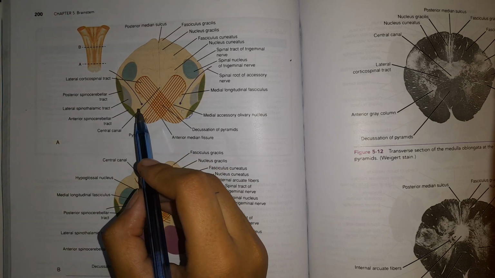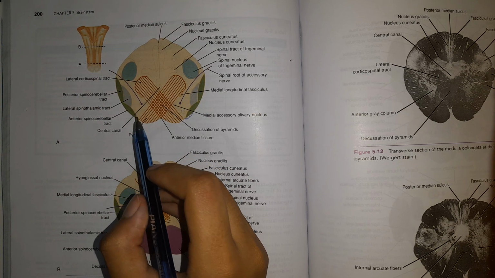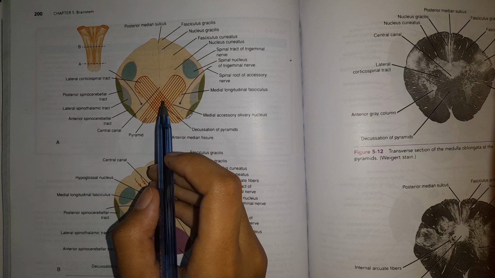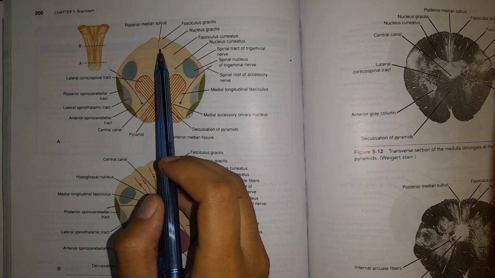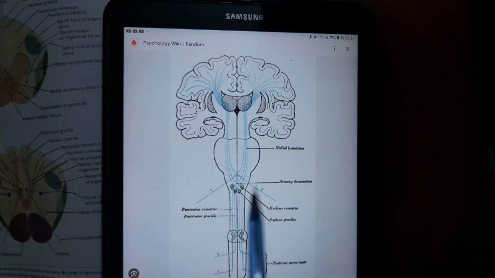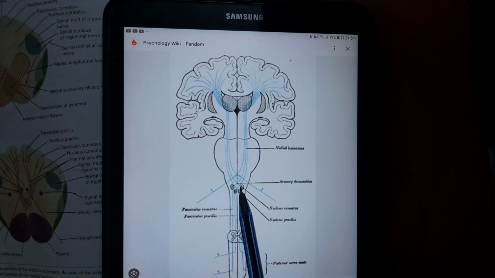Why do we call these gracile tubercles and cuneate tubercles? Because when we were studying the ascending tracts, what we can see is these are the nucleus. We were studying about fasciculus gracilis that was coming from lower limb, the fasciculus cuneatus that was coming from upper limb.